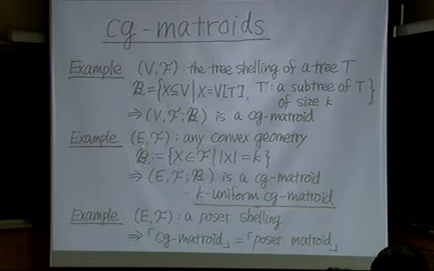If we define script B to be the set of all closed sets having cardinality K, then this is a CG matroid, and we call this a K-uniform CG matroid. And if the convex geometry is equal to a POSET shelling, in this case, the definition of CG matroid is equal to that of a poset matroid. We didn't talk about poset matroids, but in this sense, CG matroid is also a generalization of poset matroids.